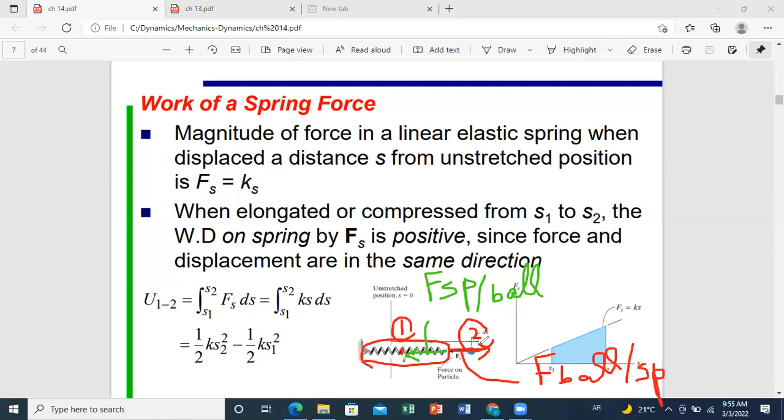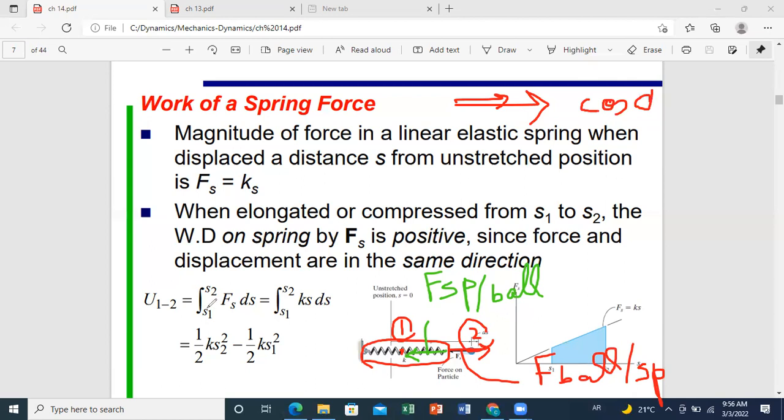Here, because the force is along the displacement, I don't have to do cosine theta because theta is 0. The displacement is to the right, and your spring force is also to the right, because in this figure it's a stretching state. Because they are collinear, cosine 0 is 1.